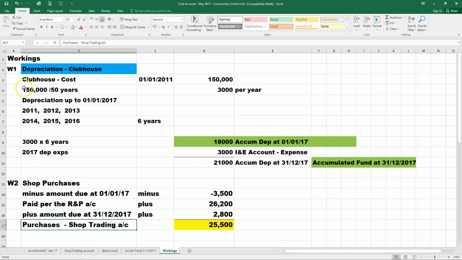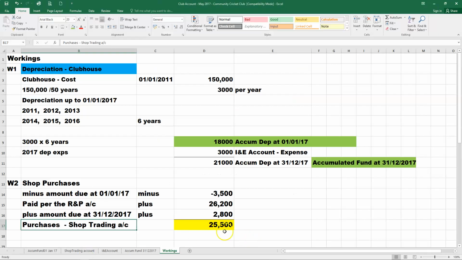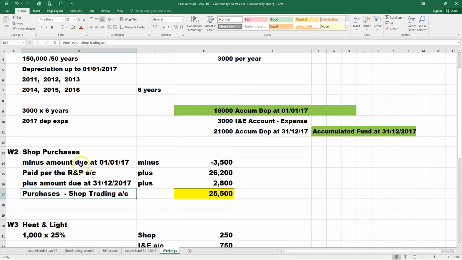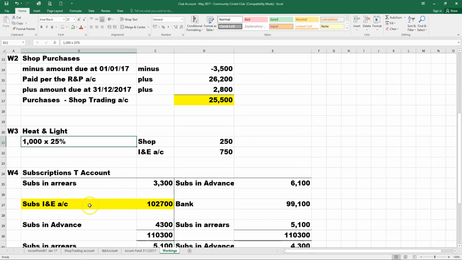So we're going to go into our payment section here. Where we have 26,200, we're going to cross that out and make that instead 25,500, with working 2 alongside it. The next one is the heat and light, which is €1,000.